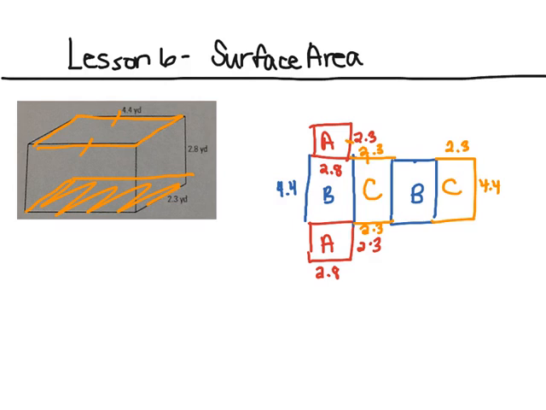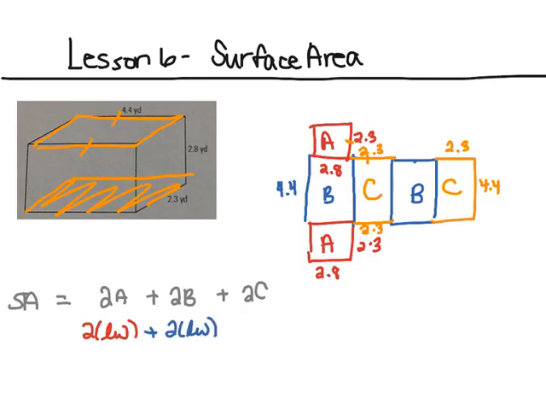So when we're finding the surface area for this shape, we're going to add two A's, two B's, and two C's. Because A is a rectangle, we would do 2 times length times width. Because B is a rectangle, we would do 2 times length times width. And because C is also a rectangle, we would do 2 times length times width.